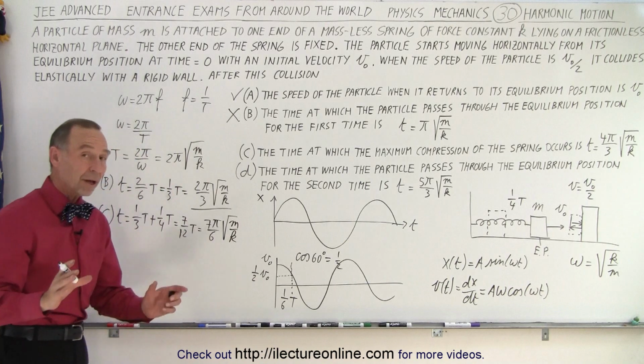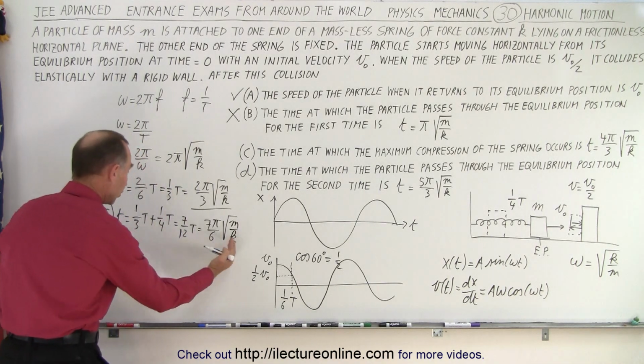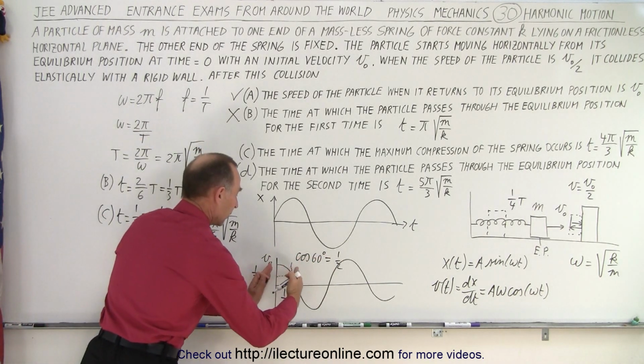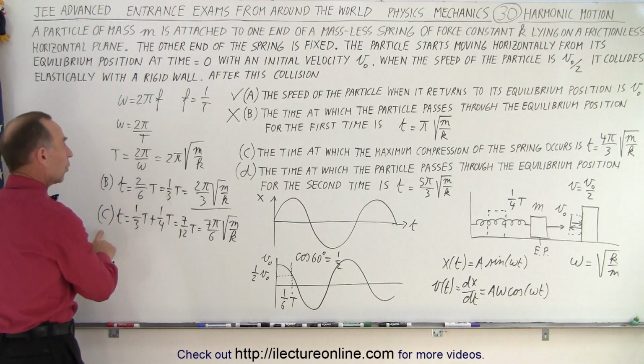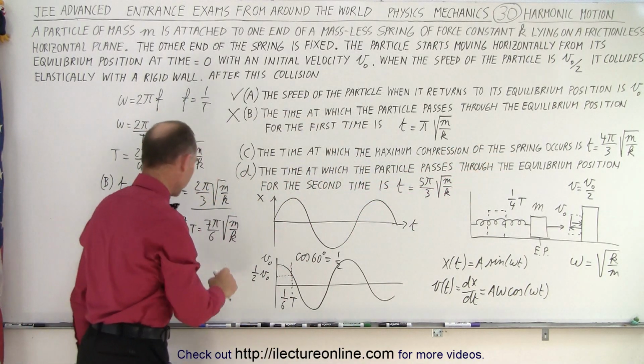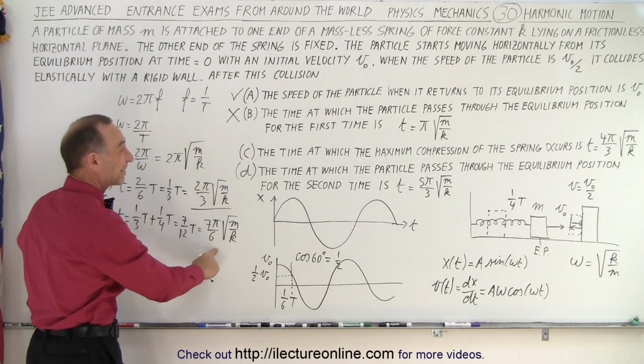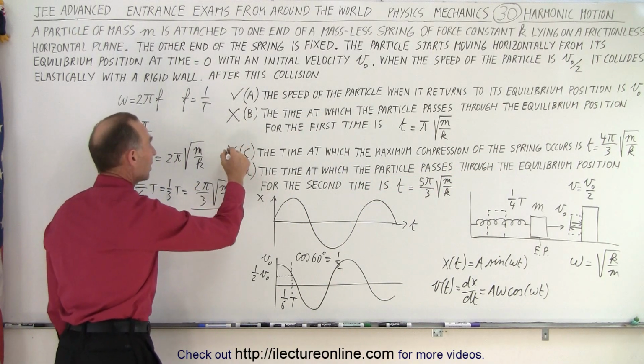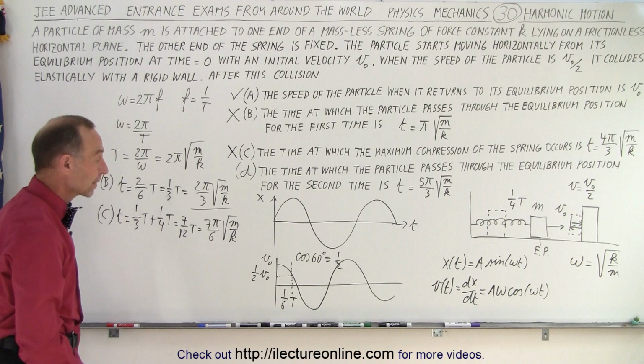That's how much time has elapsed when we get to the maximum compression. Is that the answer we got for C? We got 4 pi over 3 times the square root of m over k, and 7 pi over 6 is not the same, so C is not correct either.